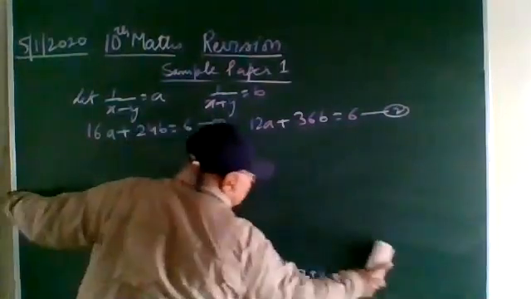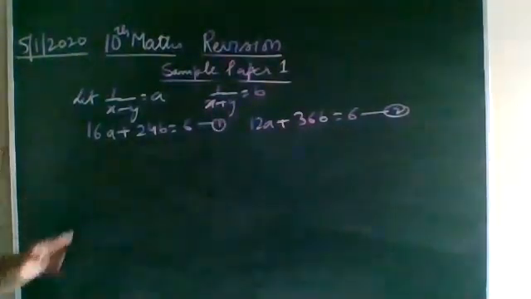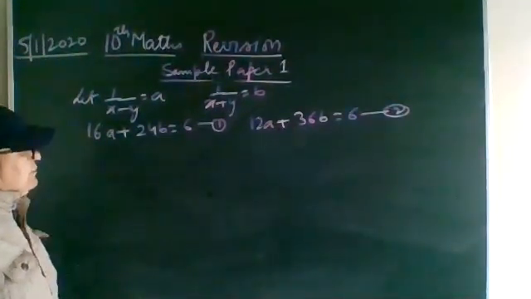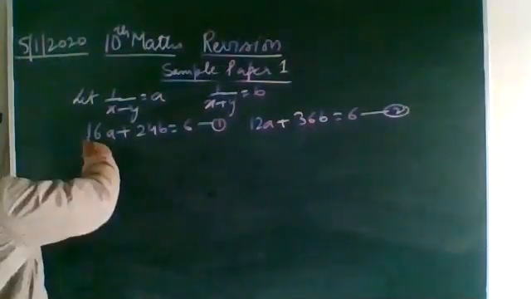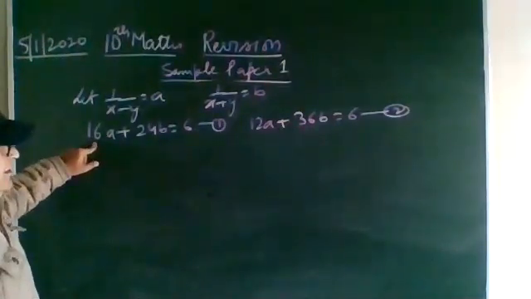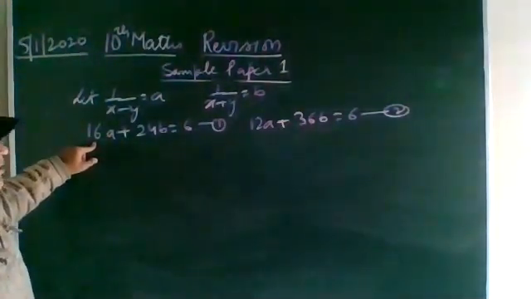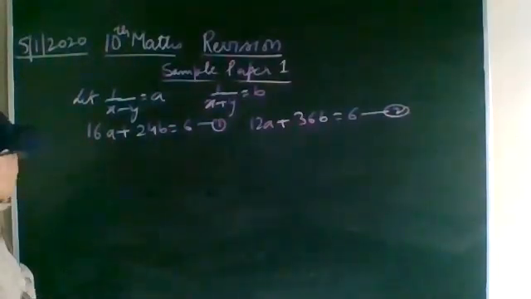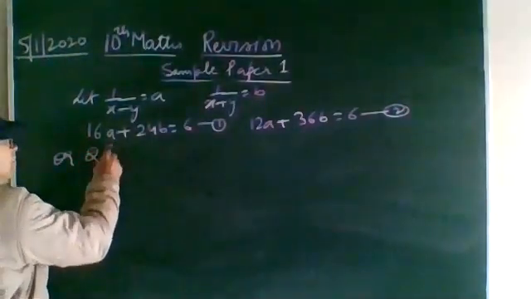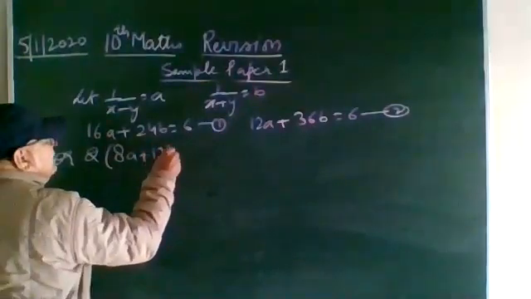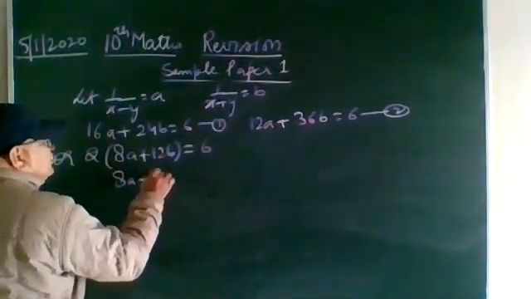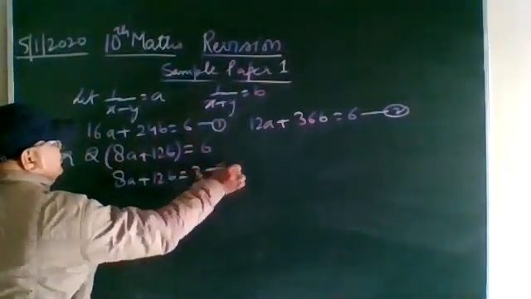After that you can write in the simplest form, or you can equate. Yes, 2 you can take common. Or you can equate the coefficient of a, or the coefficient of b. Some students say like this: 8a plus 12b equal to 6, so 8a plus 12b equal to 3, the first equation.